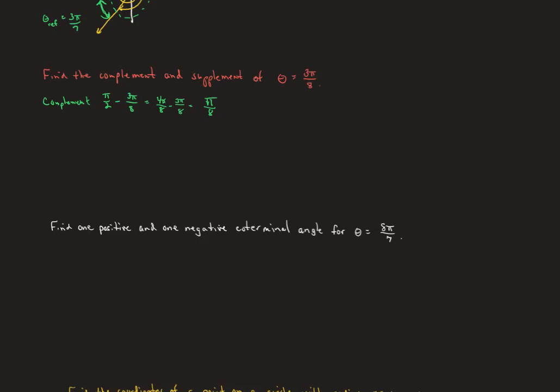There is our complement. Our supplement is going to be pi minus our angle, 3 pi over 8. Pi is equivalent to 180 degrees, so we're going to get 8/8 minus the 3/8, which gives us 5 pi over 8 as our supplement. So there's our complement and supplement.